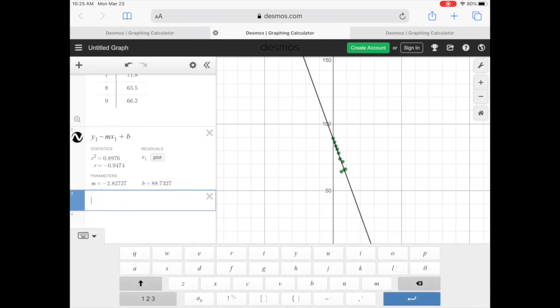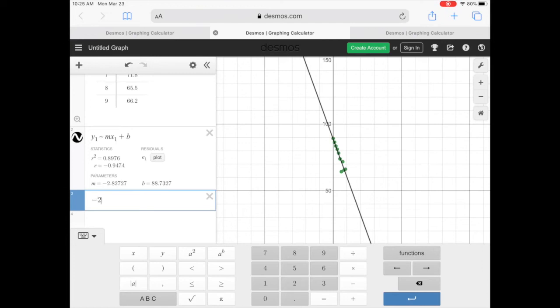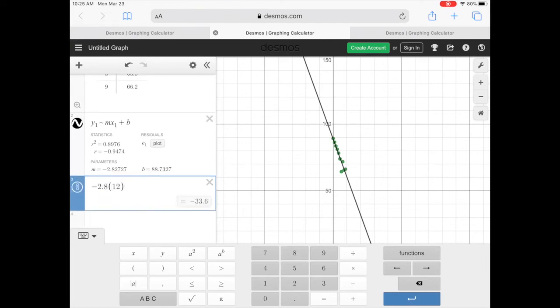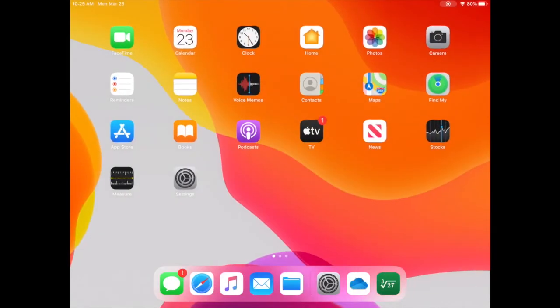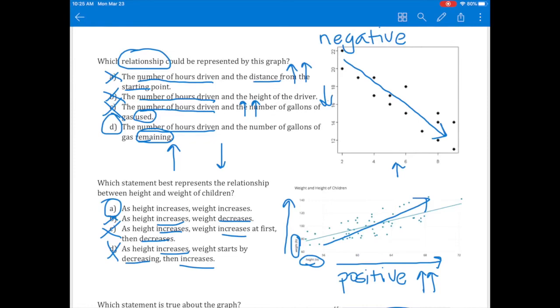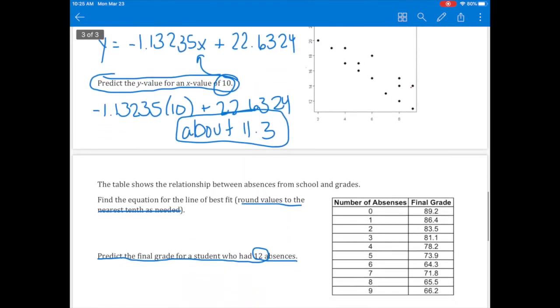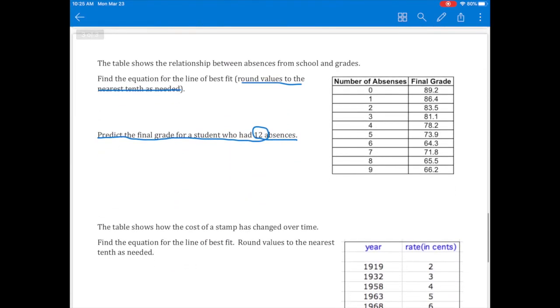And I think it said 12 absences, right? So we're going to use negative 2.8 times 12 plus 88.7. We would expect a student with 12 absences to have a grade of 55.1. This is really annoying. I don't know why it keeps going back to the same spot.